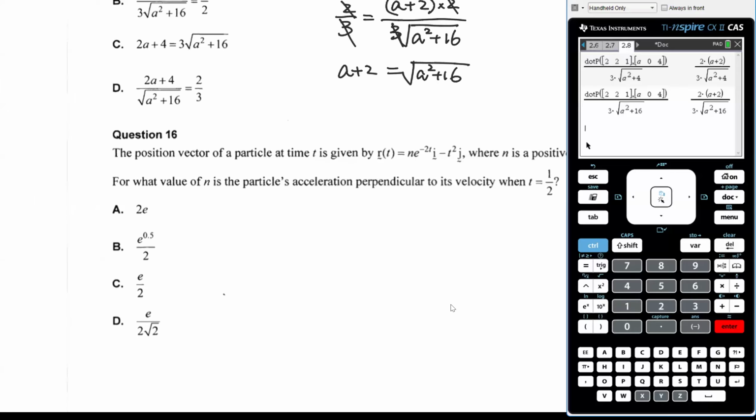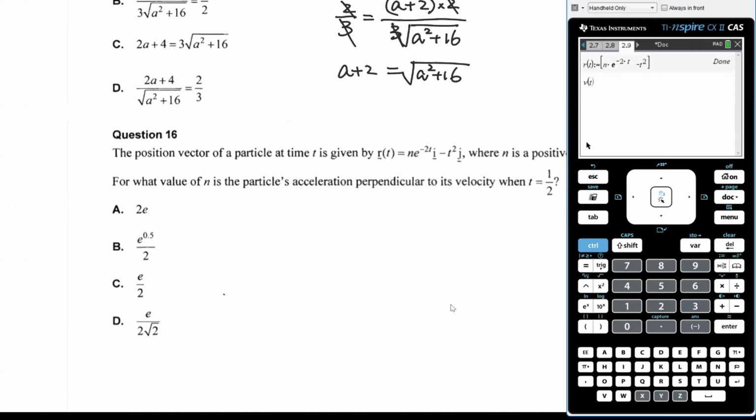Question 16. Okay, position vector. Velocity is perpendicular to acceleration when t equals to half. So what I'll do is r of t is assigned to n times exponential minus 2t, comma, minus t squared.